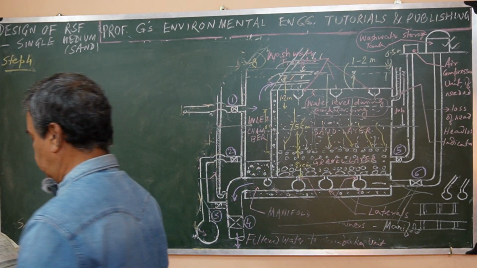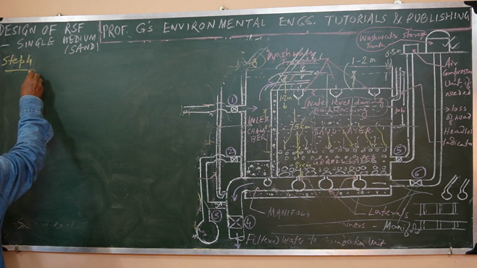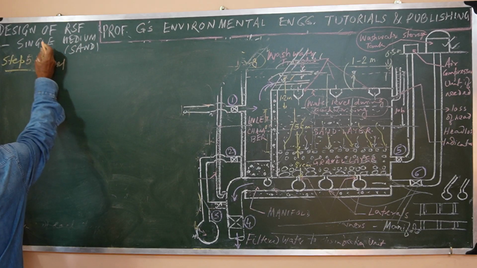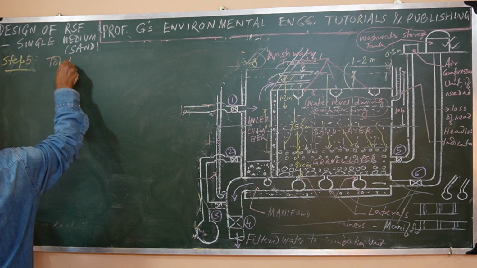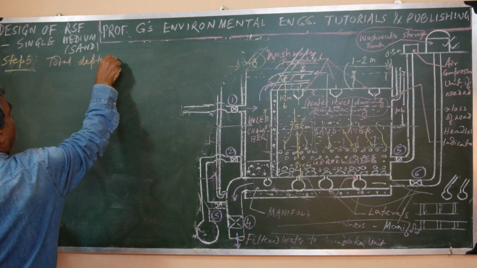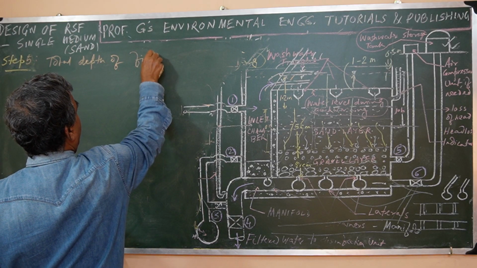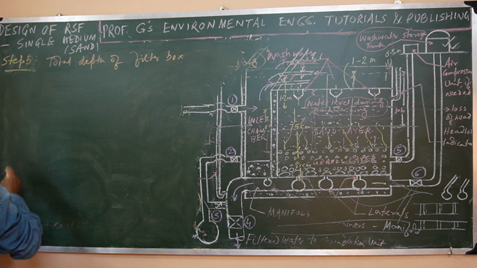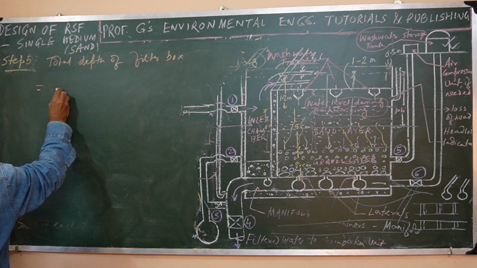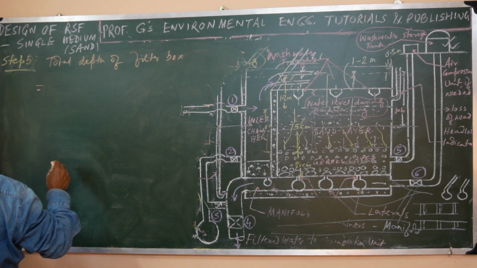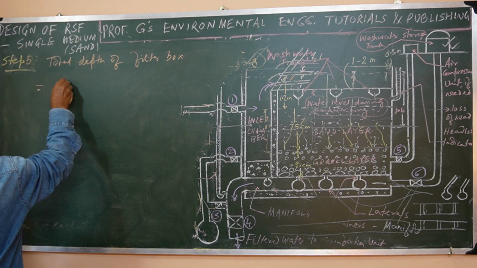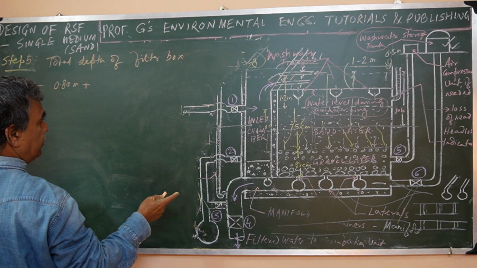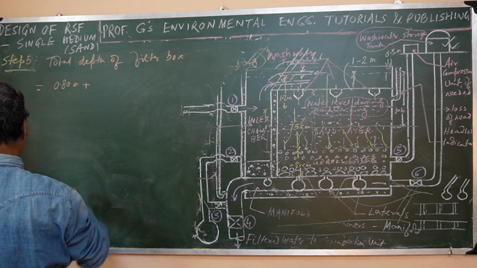Okay, and the total depth of the filter box, step 5, this is very simple then. The total depth of each filter box will be the under drainage depth, that is we have provided a manifold depth of 800 millimeter, that means 0.8 meter or so.